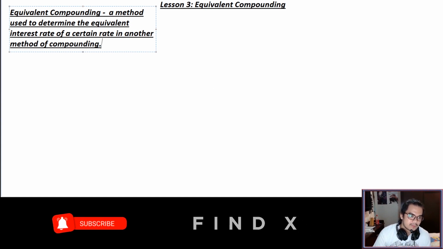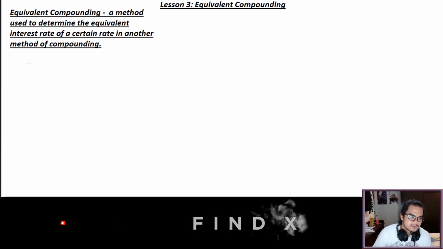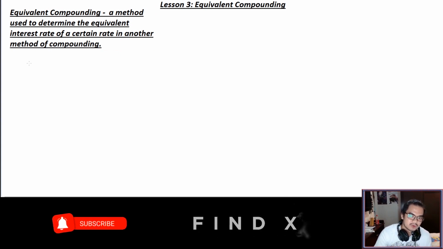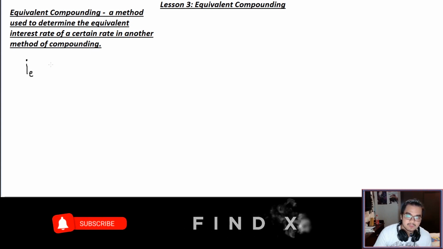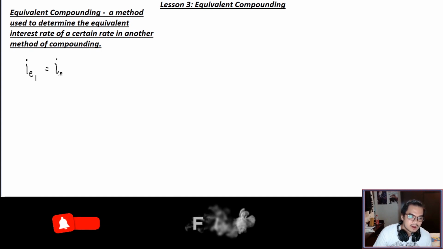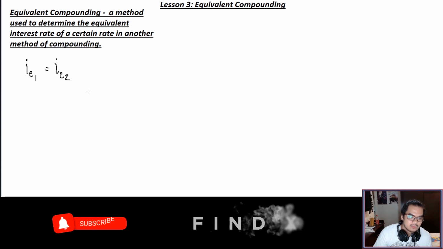That is where equivalent compounding will be used. Remember, if you want to reflect an interest rate to another method of compounding, their IE, or the effective rate of interest, must be equal. So IE1 must be equal to IE2.